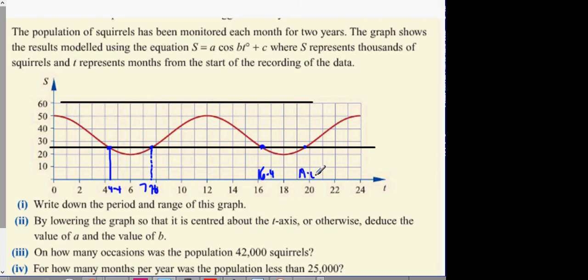Right, so that'll be roughly 2 months' worth. And this one here, sorry, it'd be roughly 3 months' worth and 3 months' worth, which will give me 6 months.